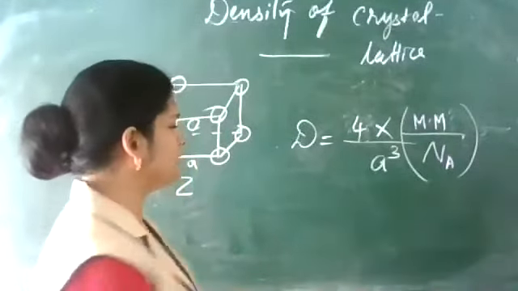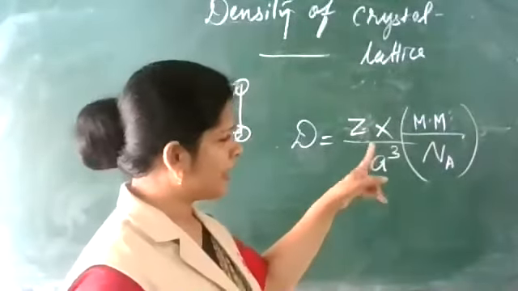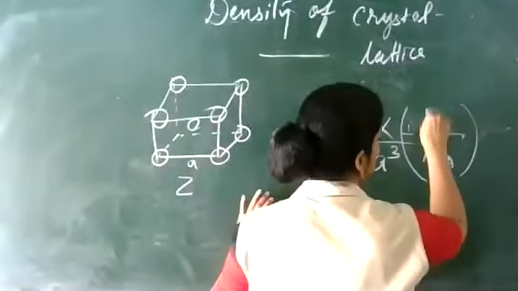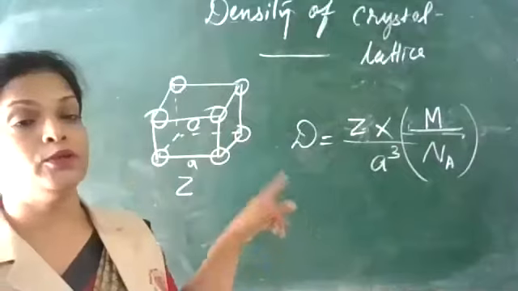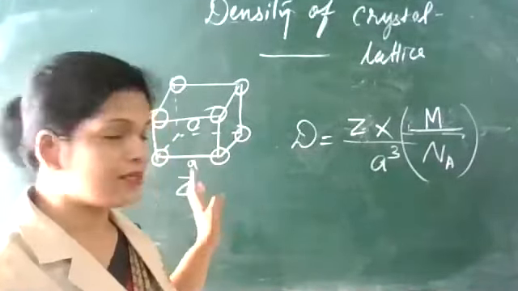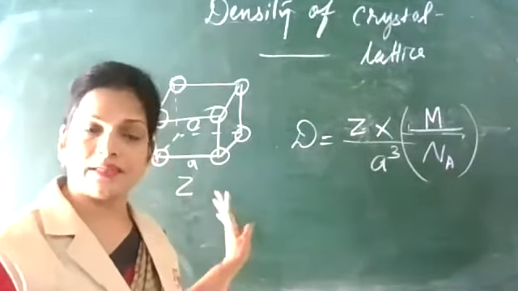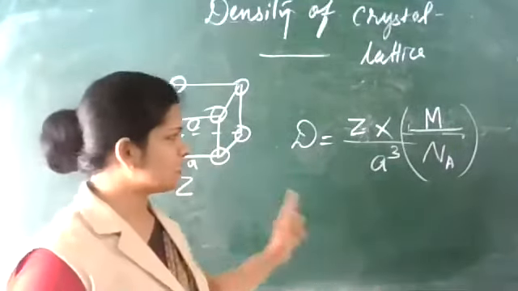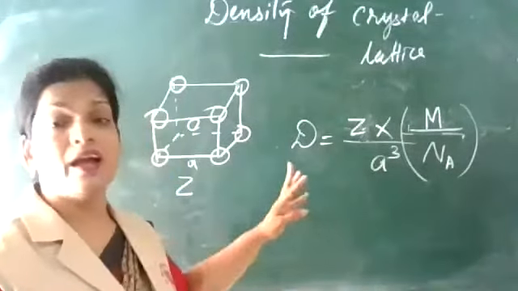So generally we write density as Z M upon a cube N A, where M is the molar mass. This is the density of any crystal. We are finding the density of the unit cell, which is the same as the density of the crystal lattice. Density is equal to Z M upon a cube N A, where a is the edge length.